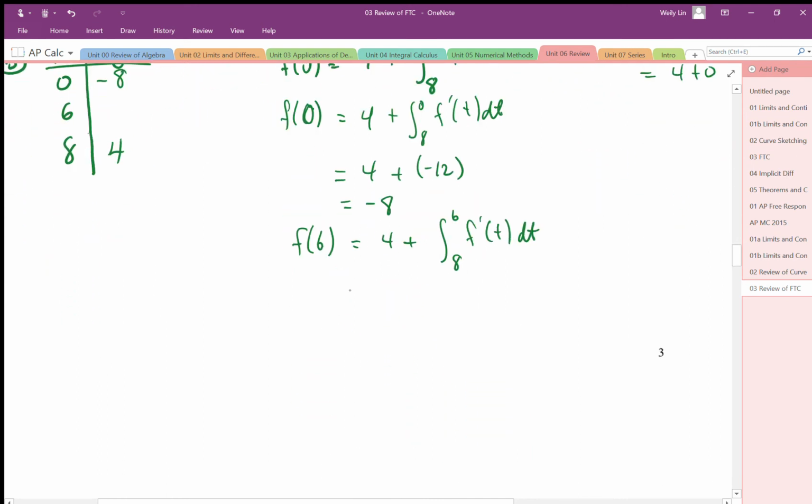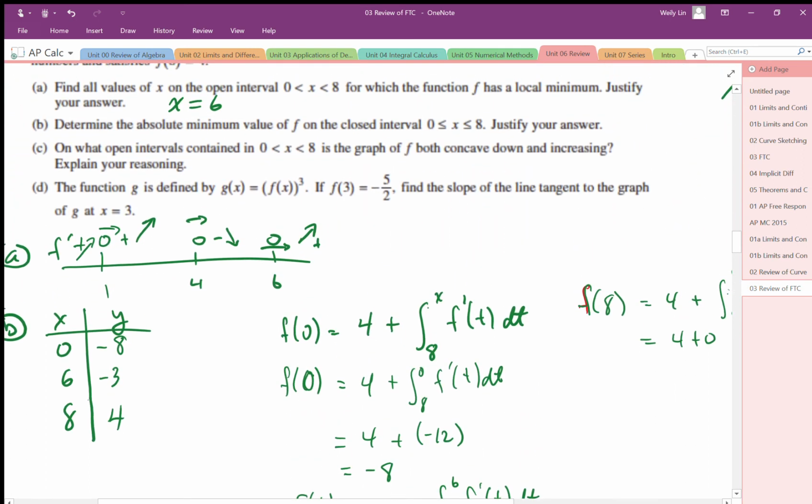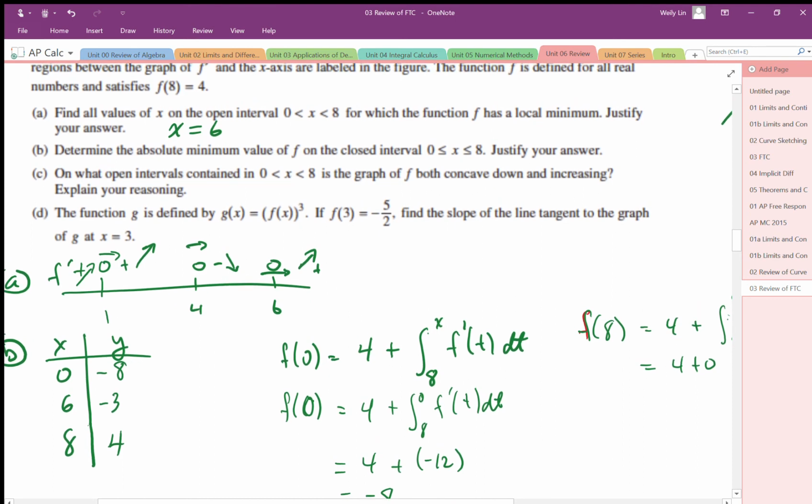Then we're going to start at 4 and go backwards, and we're going to end up with -3 displacement. So there's my -3. To work out, I forgot what the question was now. The absolute minimum on that interval is going to be at that point there. So that's my absolute minimum.